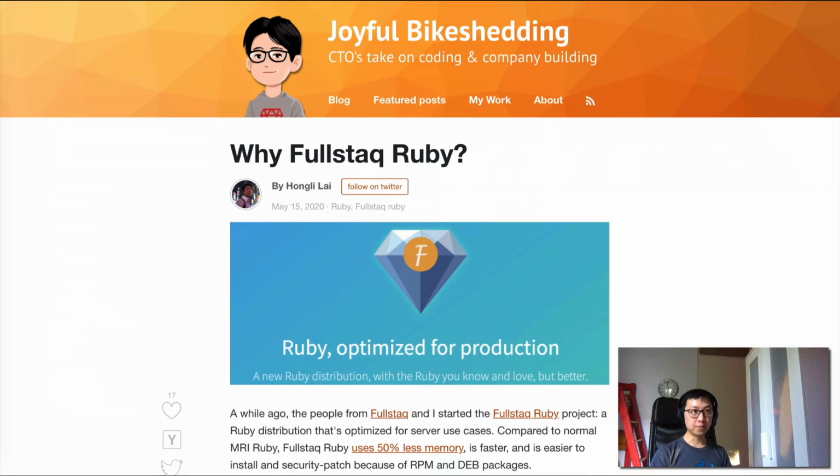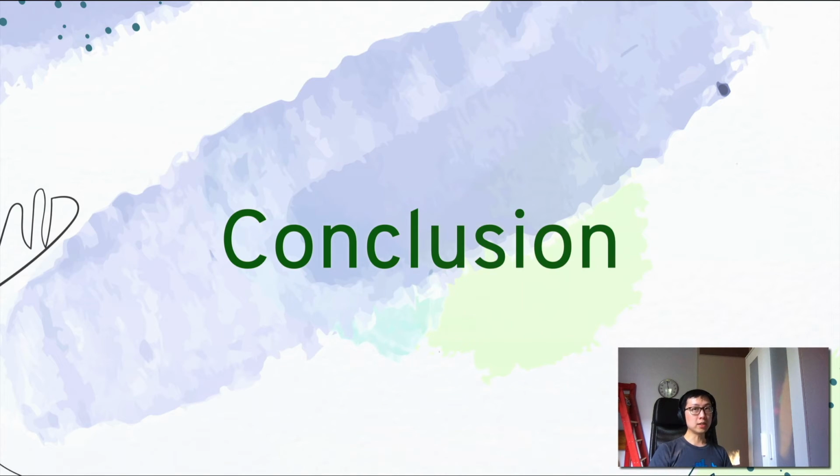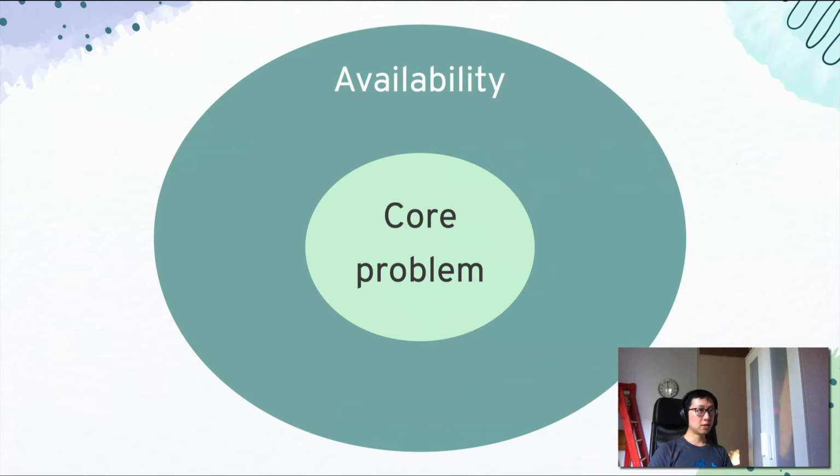I have once blogged about my long-term vision for Fullstaq Ruby. My vision is for it to become an official part of the Ruby project. Now that would be the ultimate democratization, because then really everybody can benefit. So in conclusion, to fight Ruby memory bloat, it is not enough to address the problem directly.